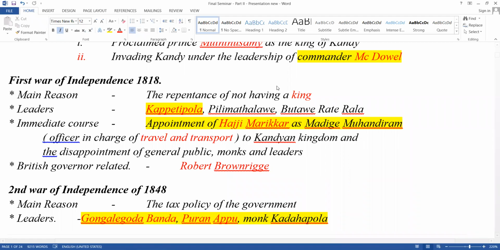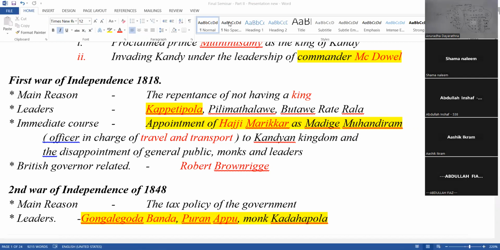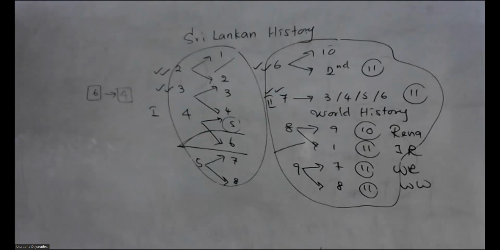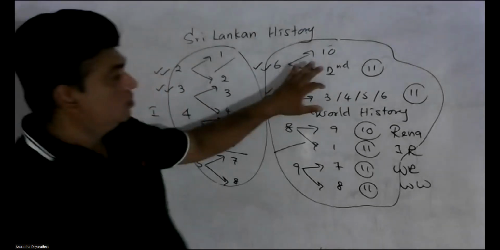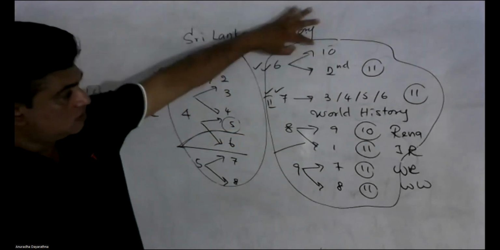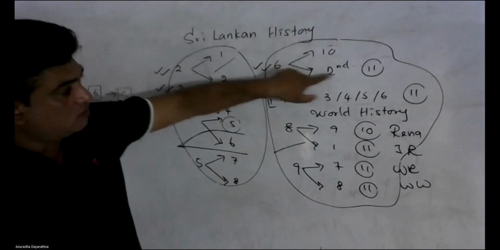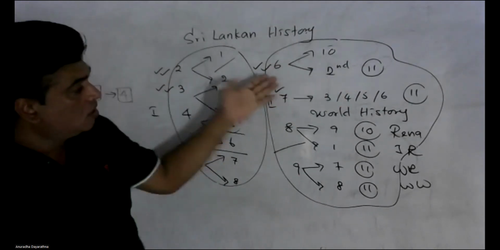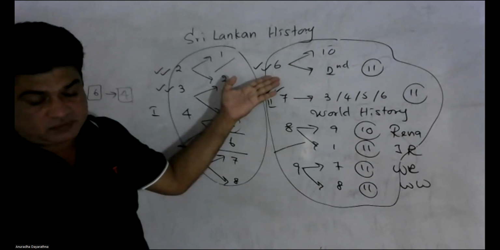Someone asked which lesson we are on, because they were unable to attend the last class. So I will explain here. We are discussing the second lesson. First the tenth lesson of grade 10 and the second lesson of grade 11. We are now discussing how to write answers for the sixth question.